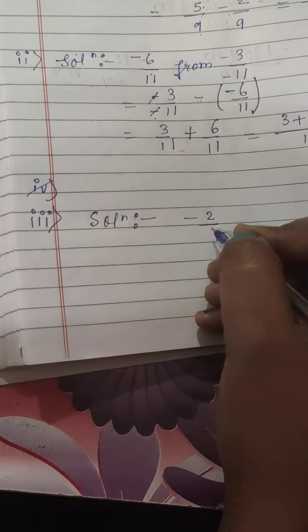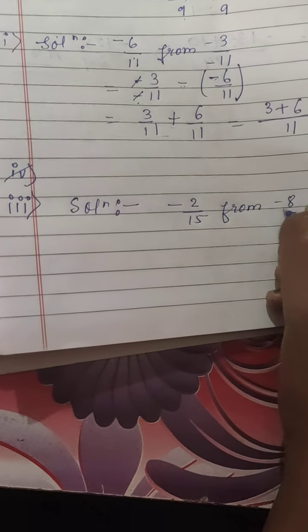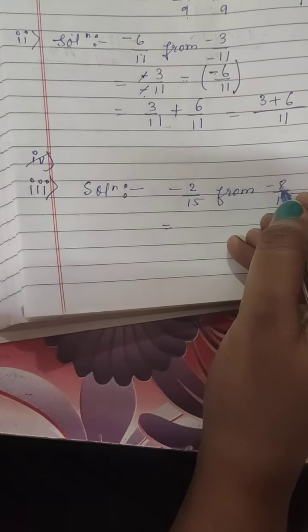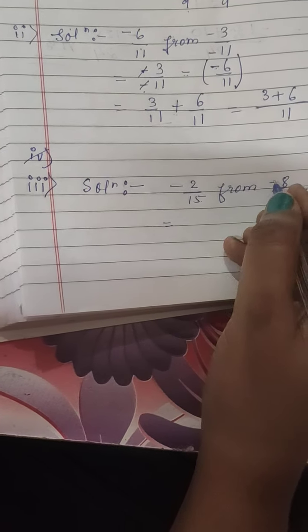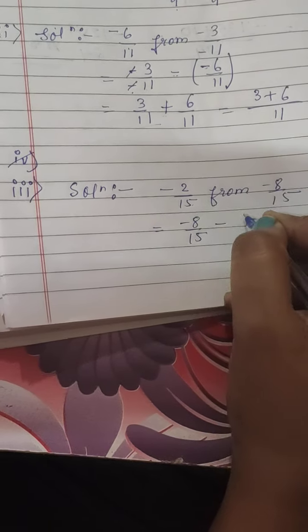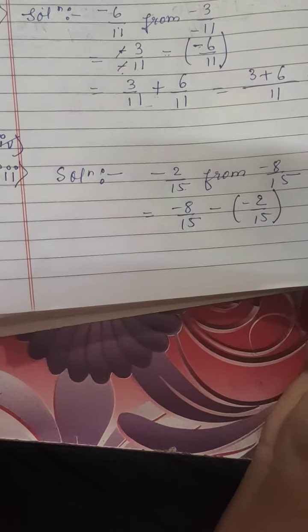First you will write the question. Minus 8 by 15. Now you have to subtract this from this. So minus 8 by 15 minus, in bracket you will write minus 2 by 15.